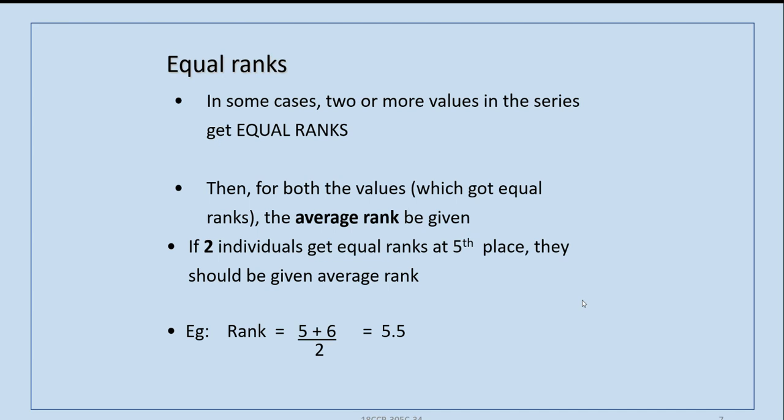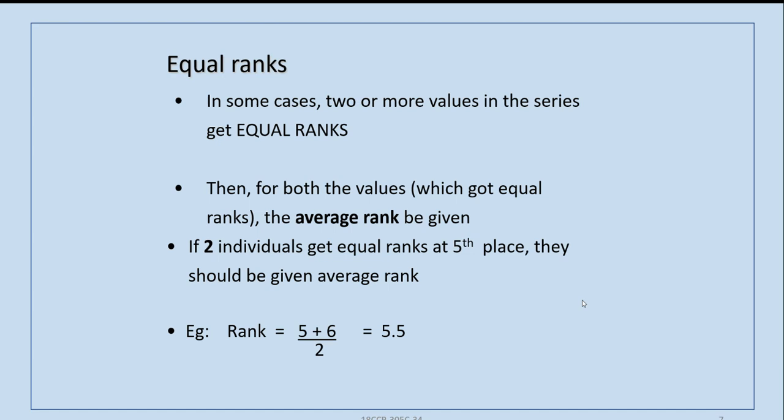Suppose 3 persons are getting the same rank, that is 3 persons are getting fifth rank, then what we have to do is take the average of these 3 ranks. That is, when 3 persons are there, we have to award 5th, 6th and 7th ranks to the 3 people. But since their values are equal, we have to assign equal ranks.